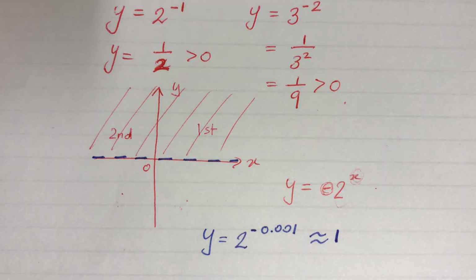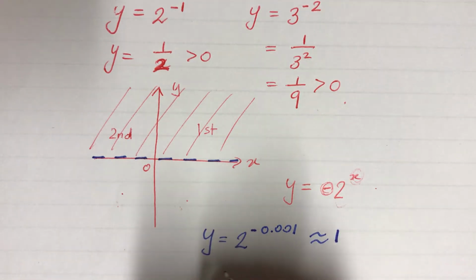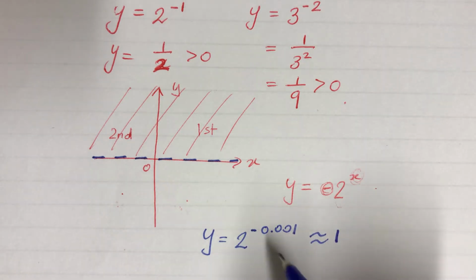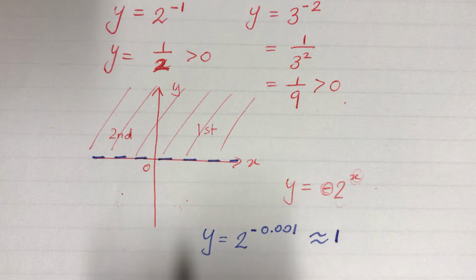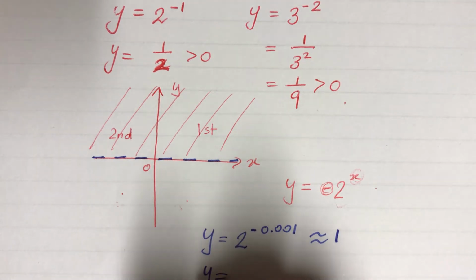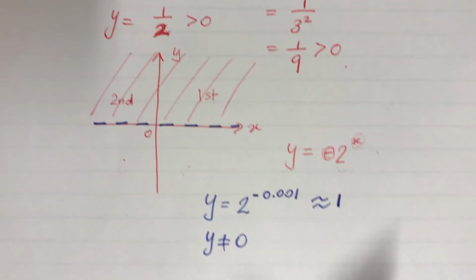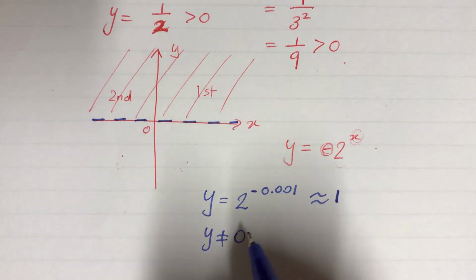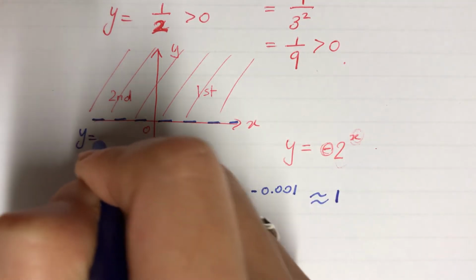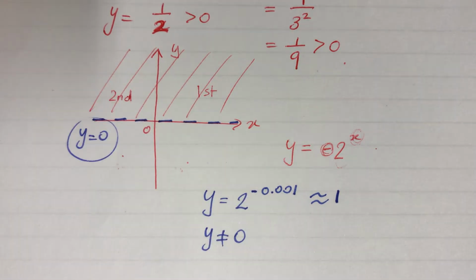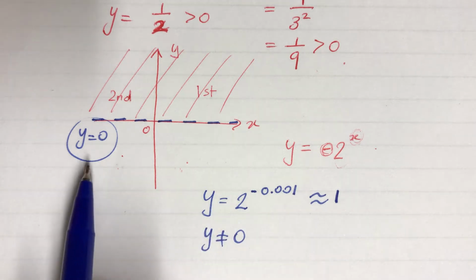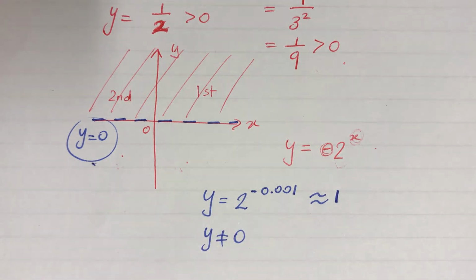And even if we put y equals 2 to the power of 0, we will get 1. So y will never be 0, but it will get closer to 0. So therefore our asymptote will be y equals 0. That's our asymptote equation. This y cannot be 0 is a condition, but the asymptote equation is y equals 0.